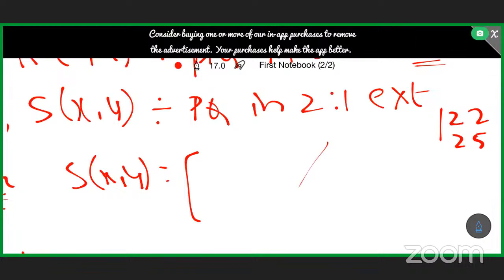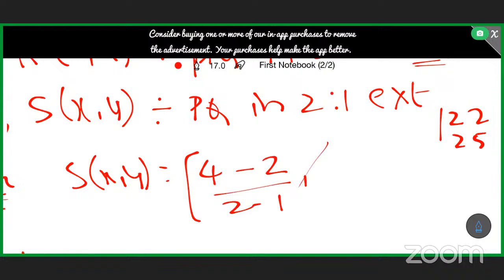Yes, good. But we'll solve it for others. So m is equal to 2. X2 value is 2, so 2 into 2 is 4 minus n value 1, 1 into 2 is 2, divided by 2 minus 1, comma.